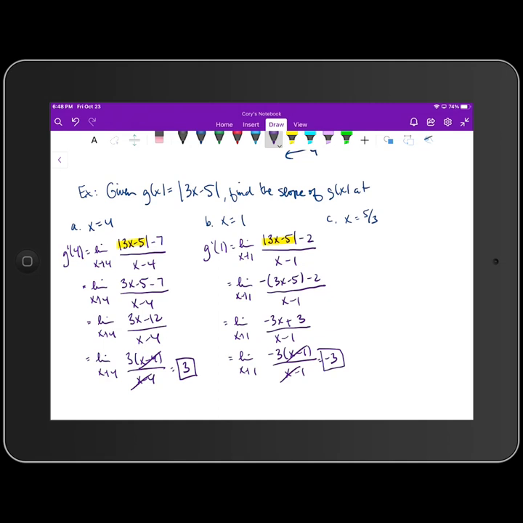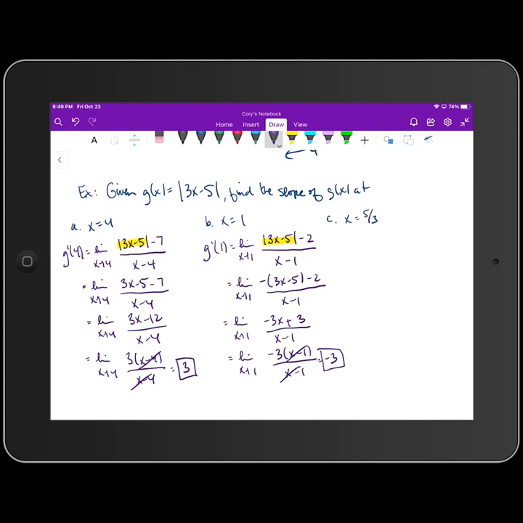When we do the same thing with 5/3, we have to look at this closely. If I plug 5/3 into that function g of x, g of 5/3 would wind up giving me the absolute value of 0. So depending on what side limit I take at 5/3, that's going to impact how I have to rewrite the absolute value function.